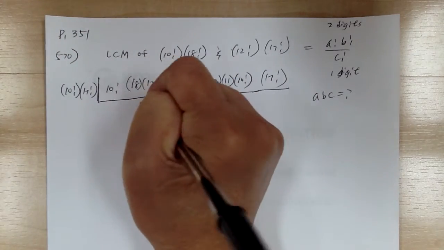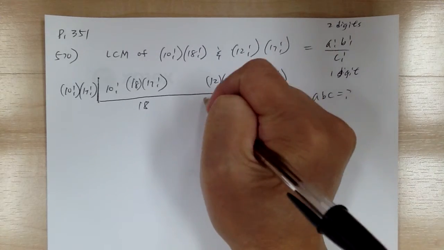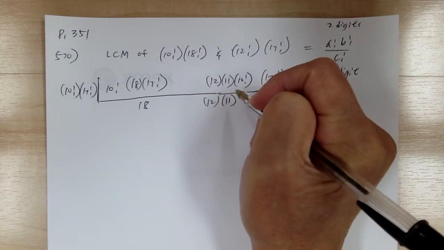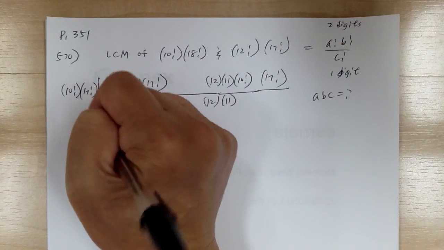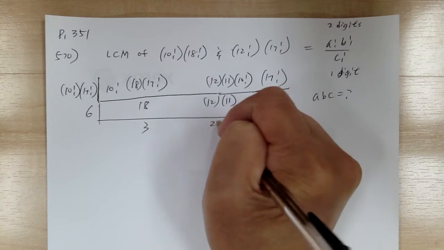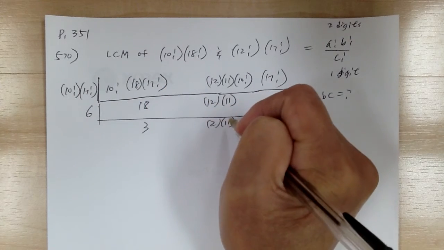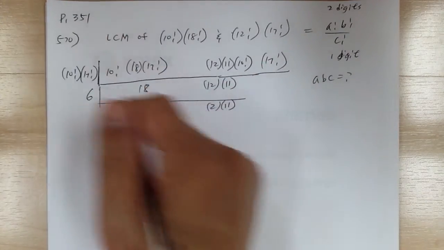I end up with 18, and with this one I end up with 12 and 11. Next I'm going to factor out the 6, so I get 3 and 2 times 11. So the LCM would be equal to this whole thing.